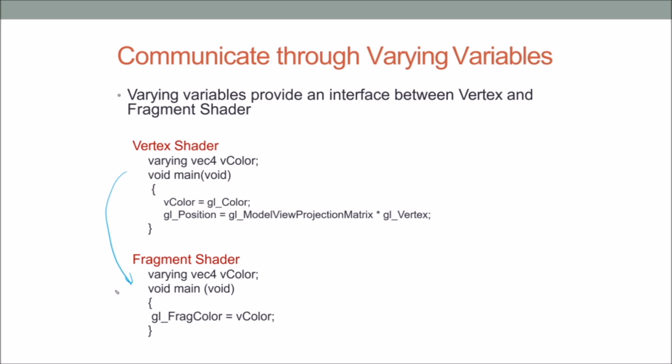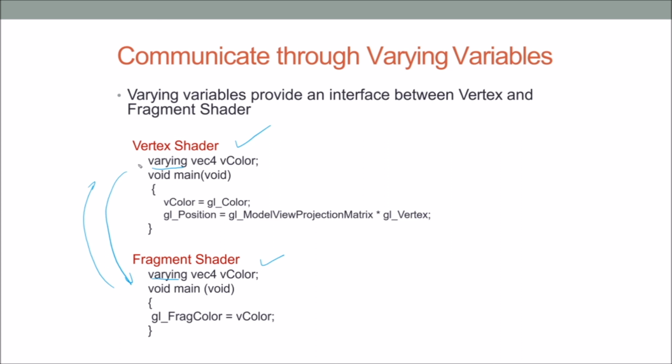If you want to pass data from one to the other, we use a variable called varying. But the only thing that you have to be concerned about here is that this shader code runs before this one. So that means after you execute this one, if I have to update anything, I don't think it has so much connection in reverse.